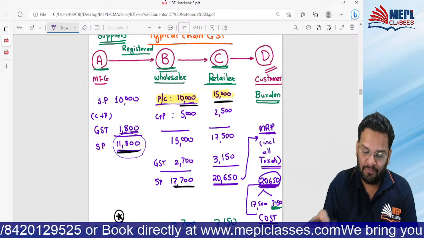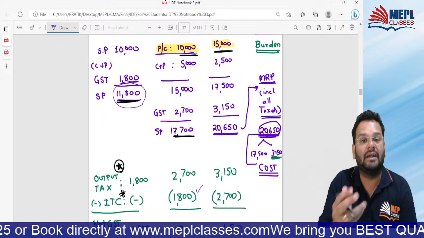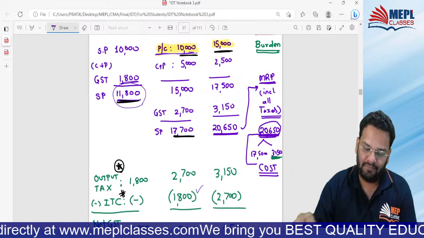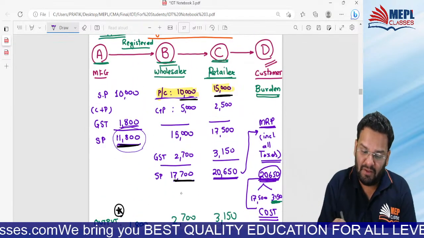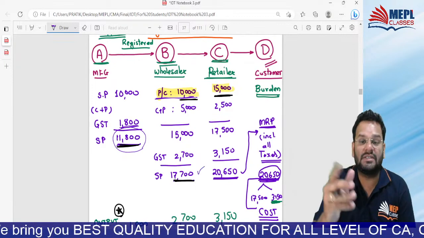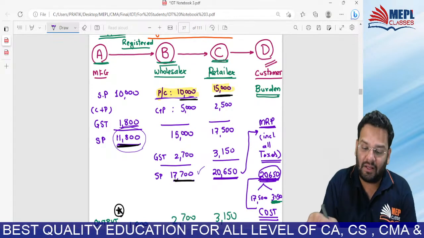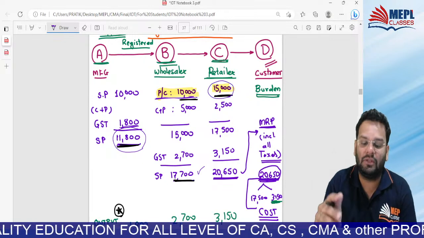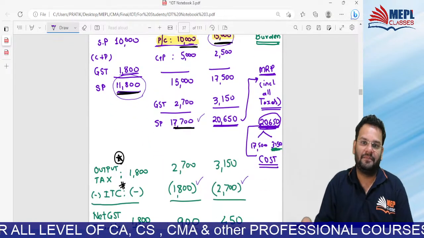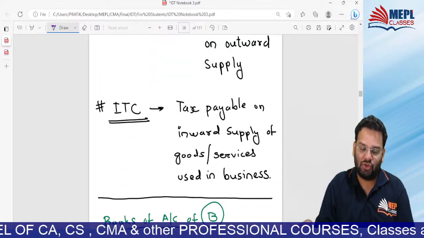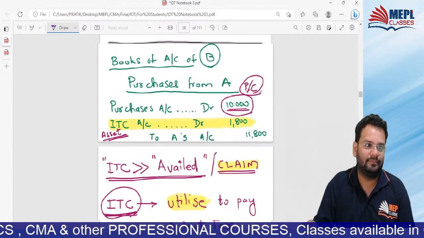Because of course, of 1,800 he gets ITC. Agreed? For C, when B was selling for 17,700, we had taken purchase cost as 15,000 only. And of 2,700, we had taken ITC. Yes or no? I had shown you the accounting entry also.